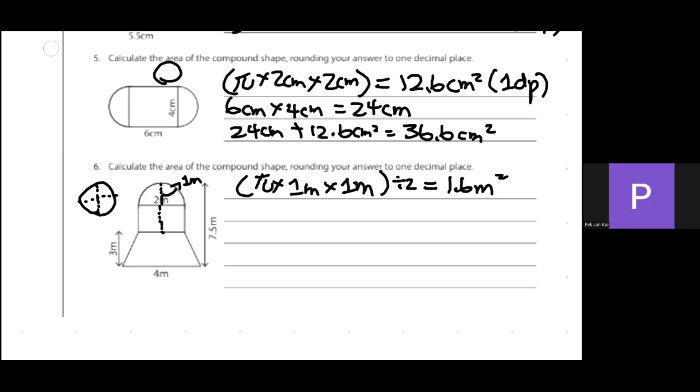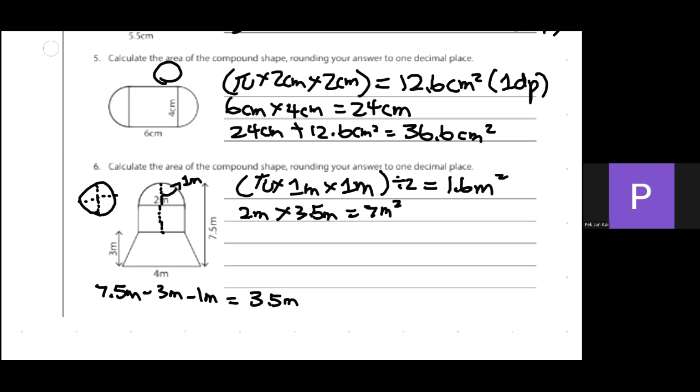So we take 7.5 m minus 3 m and minus 1 m. We would get 3.5 meters. So we take 2 meters, which is the length of the rectangle, times 3.5 meters, which is the width of the rectangle. We would get 7 meters squared.